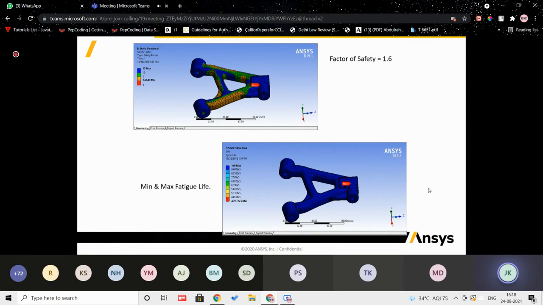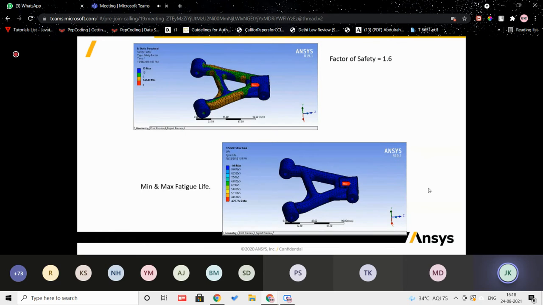Most of the regions have a very good factor of safety. But when you come to fatigue life, you can see there are some regions with cycles like 4651 cycles. So there are some regions where we need to concentrate. Depending on the life, the cycles, you need to replace this component, or you need to investigate whether any fracture happened or cracks are propagating or not.